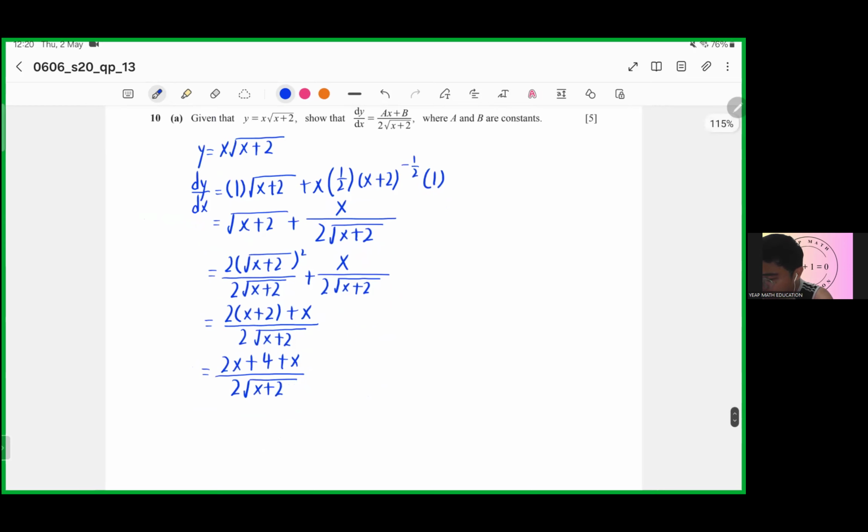After that, the answer is (3x plus 4) over 2 square root of x plus 2. These are our answers.